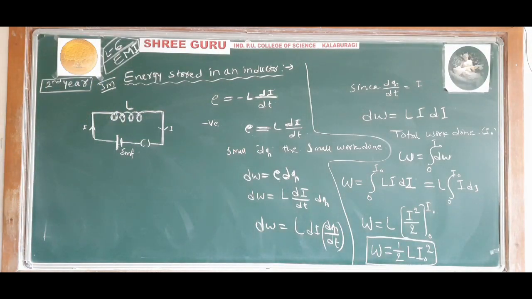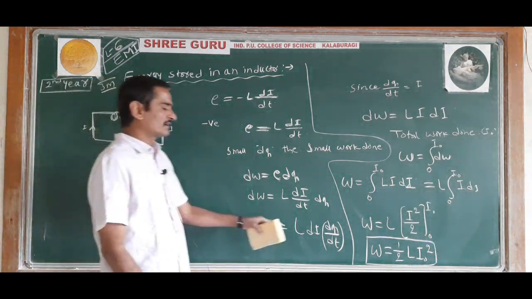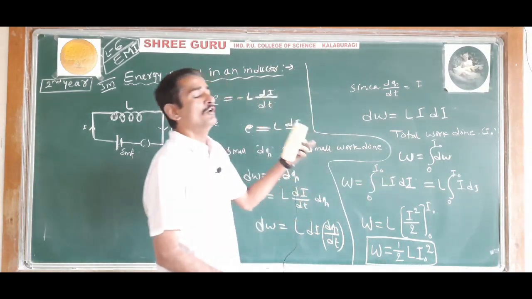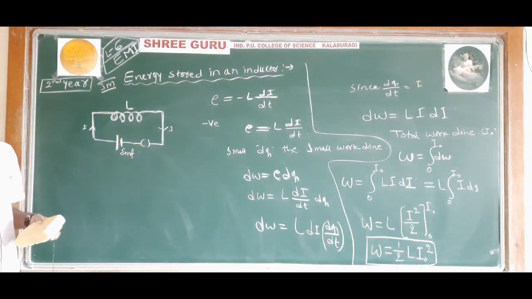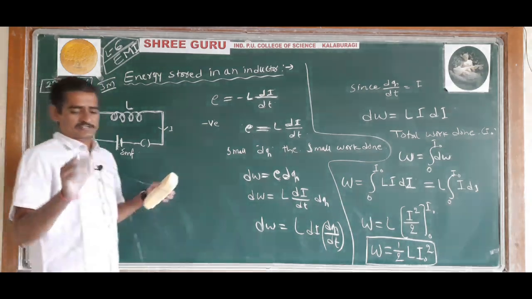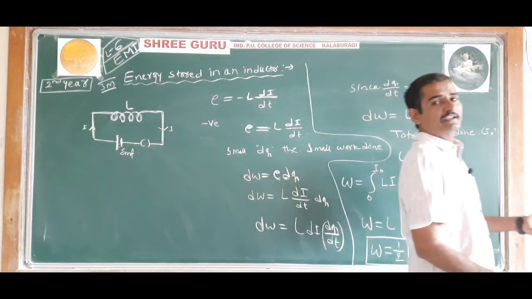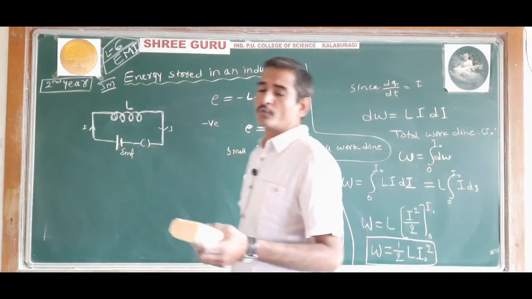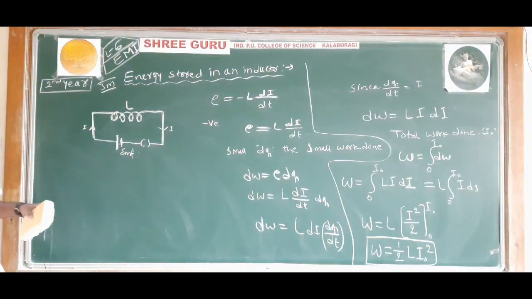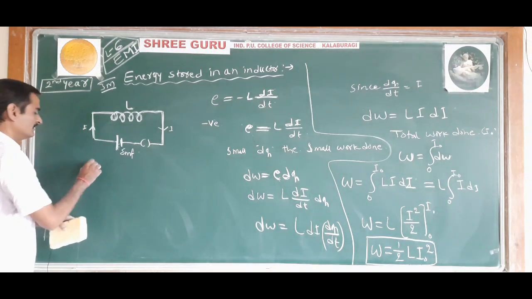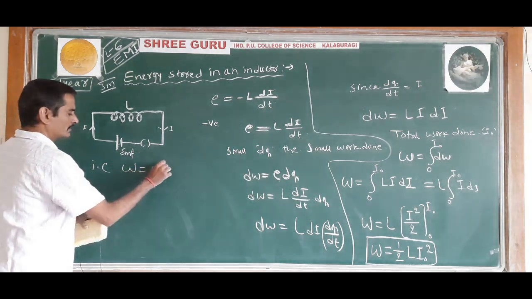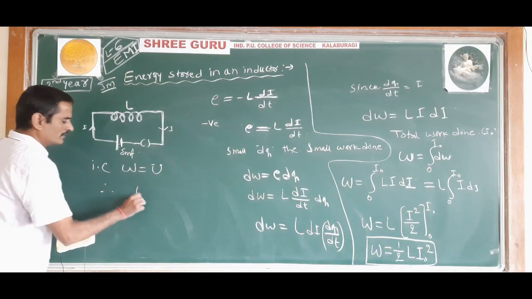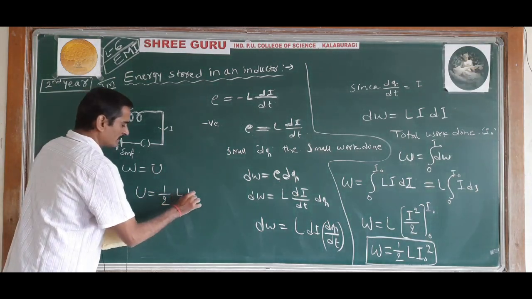This work done in increasing the current flowing through the inductor is stored as the potential energy of the inductor, that is W is equal to U. So therefore U is equal to 1 by 2 L I0 square.